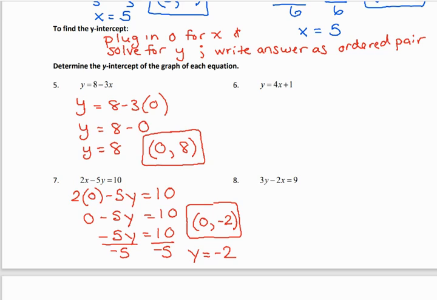Okay, go ahead and do 6 and 8. Let's see some answers in the chat. And I want to hear from everybody. So even if you only get number 6 done, that's fine. But I want to hear everybody in the chat. Find those y-intercepts.